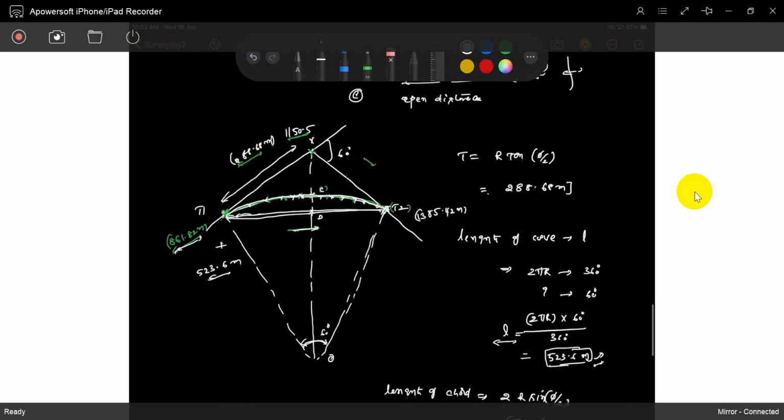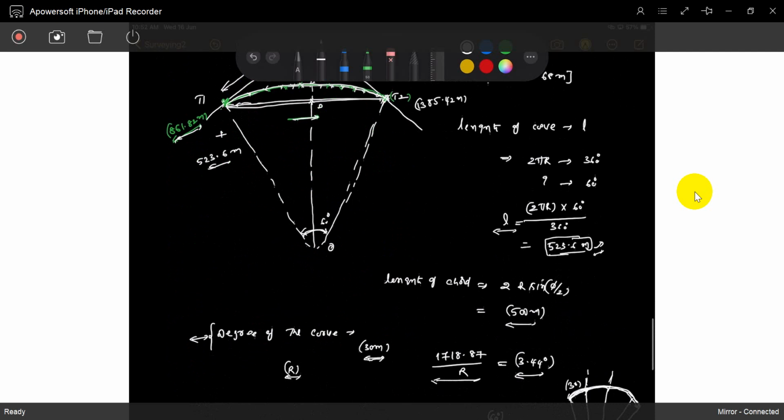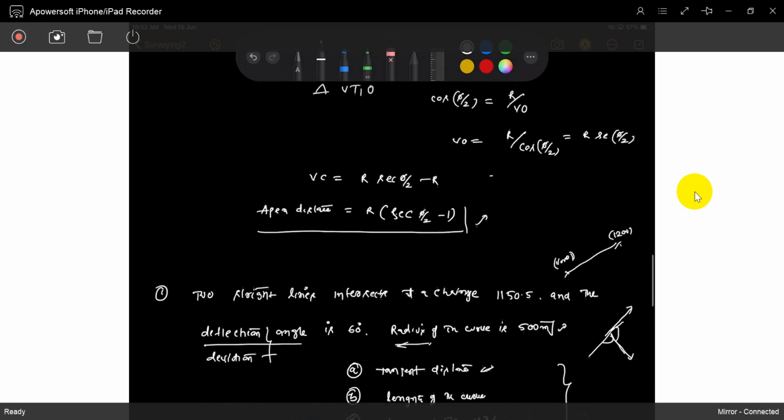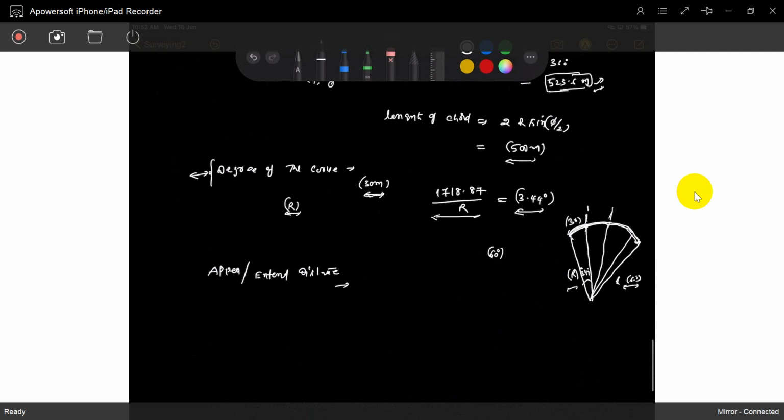So next, what he asked: apex distance, or external distance. What is that apex distance? It is r times secant of phi by 2 minus 1. That's it.